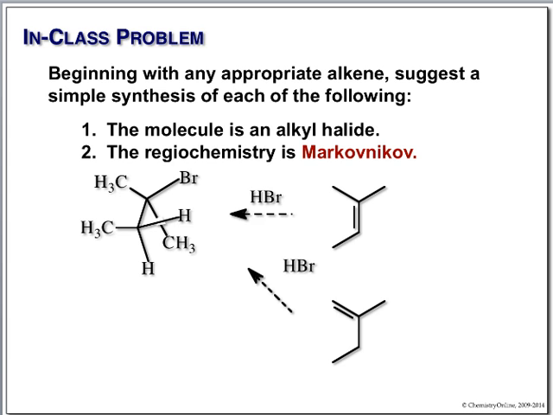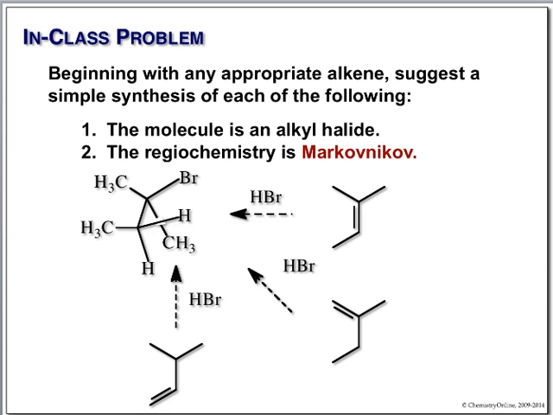Is there another alkene that we could do? Instead of having our double bond up here, what if we had our double bond down here? Like that. Would that give us the same product? Well, remember we're going to form a carbocation right here, aren't we?